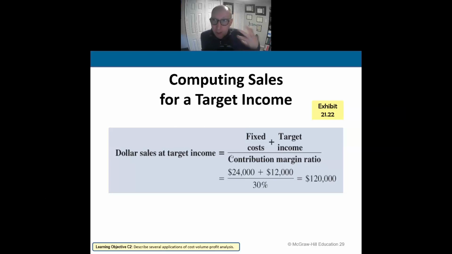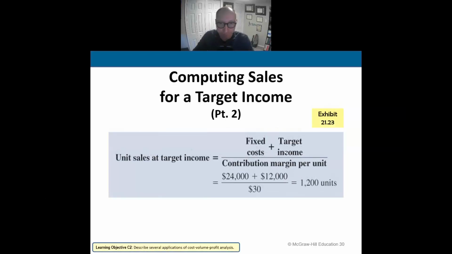That's nice when you're setting goals, when you're setting sales goals in your business. We can figure that out from the number of units I need to sell as well. Instead of contribution margin ratio, you can do it by using the contribution margin per unit.